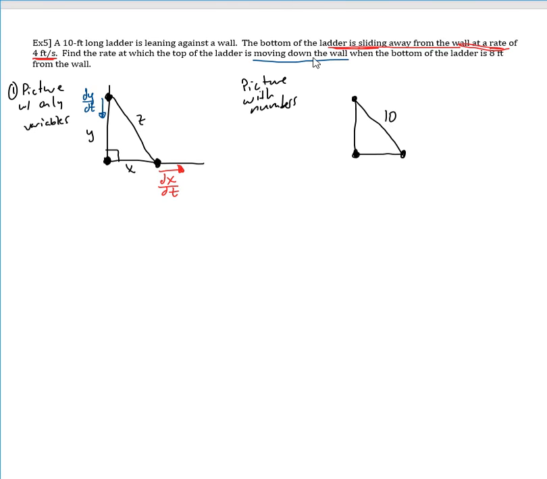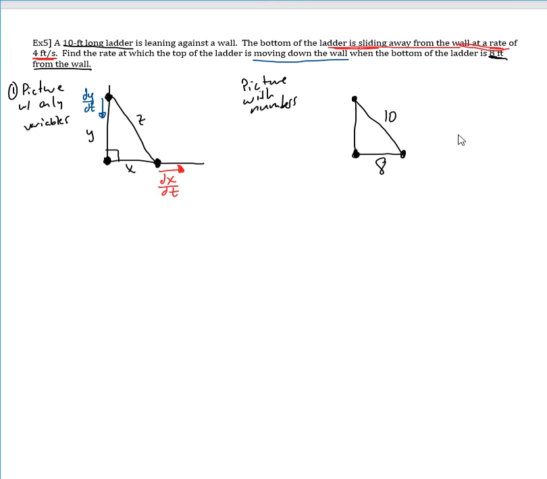The bottom of the ladder is sliding away, which I marked in red. I'm going to keep that labeled for now as red. And it says find the rate at which the top of the ladder is moving down the wall, so we have that in blue. When the bottom of the ladder is 8 feet from the wall. So bottom of the ladder, 8 feet from the wall. This that I'm underlining in black ink is for this picture with the numbers.